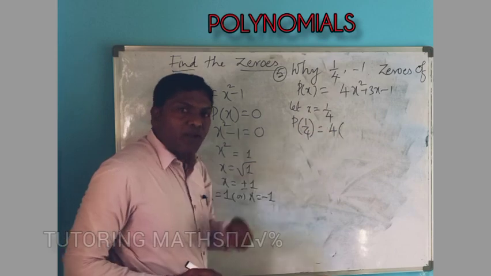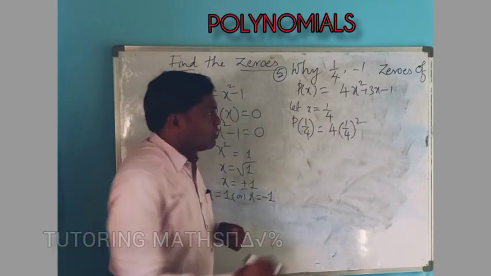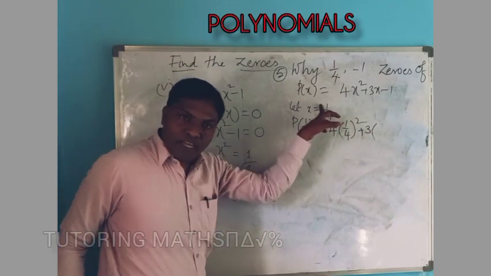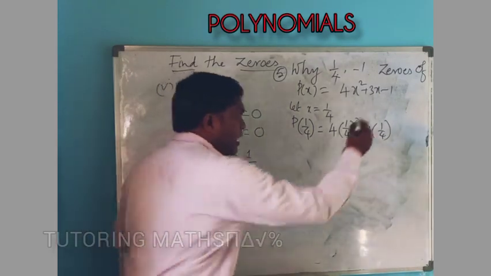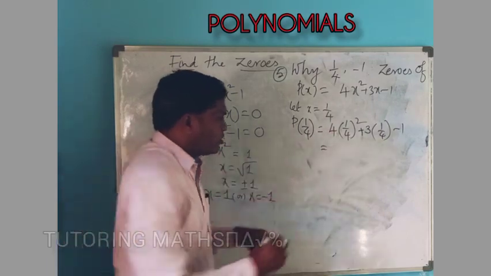The value of x is 1 by 4. So x square means (1 by 4) square, plus 3 into x, and here put 1 by 4 in place of x, minus 1. And just simplify this expression.